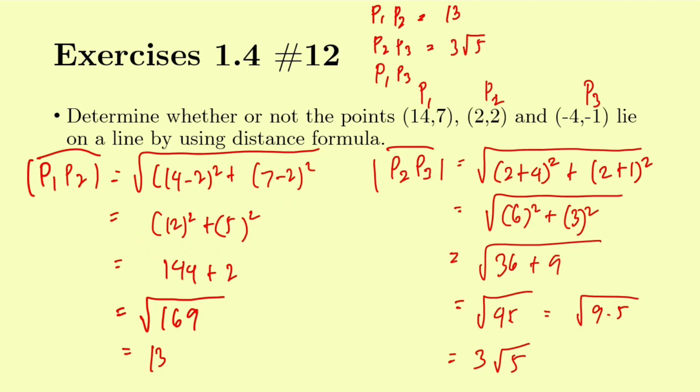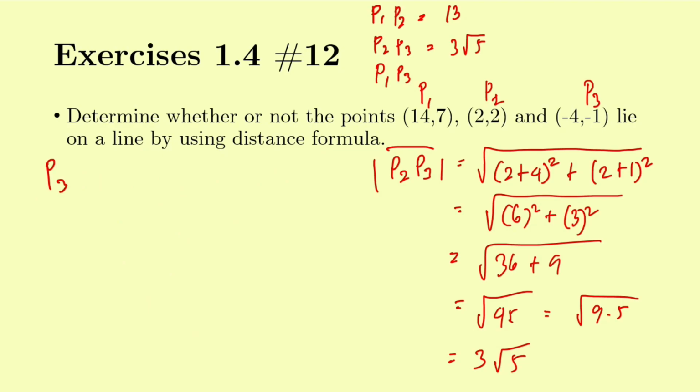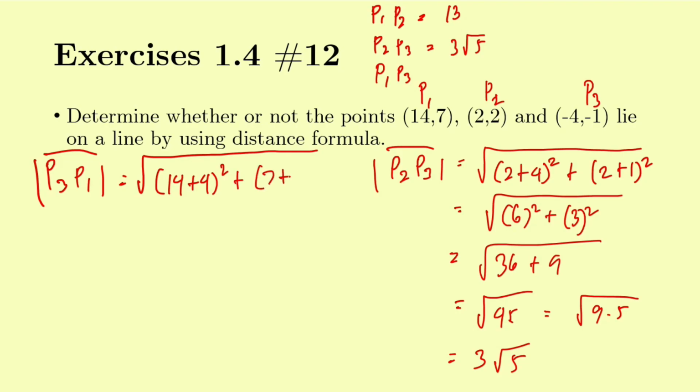Okay, for the last pair, P3P1, we will use the distance formula. 14 minus negative 4, or 14 plus 4, squared, plus 7 minus negative 1, or 7 plus 1, squared.